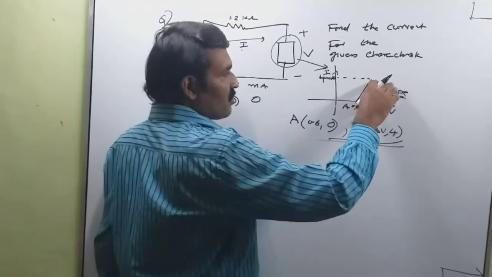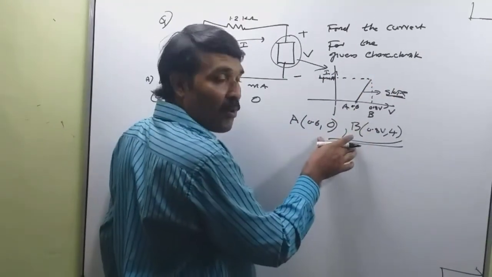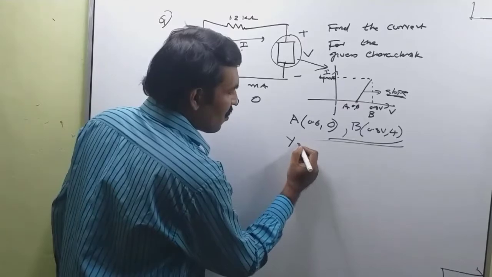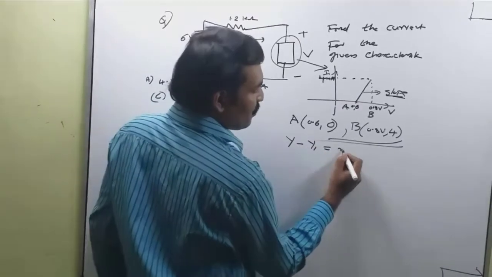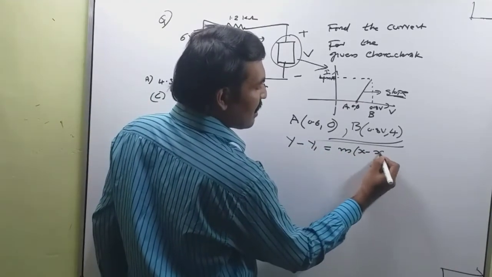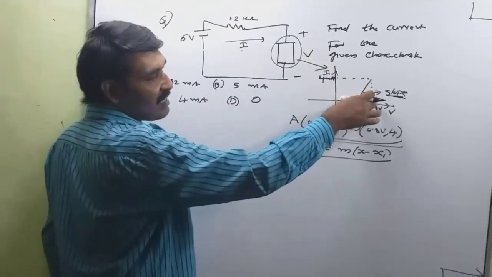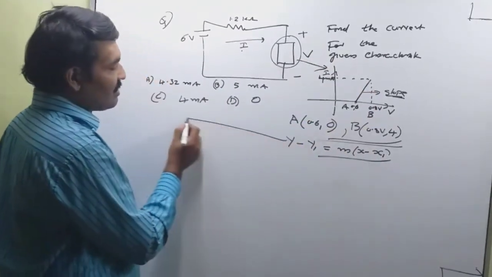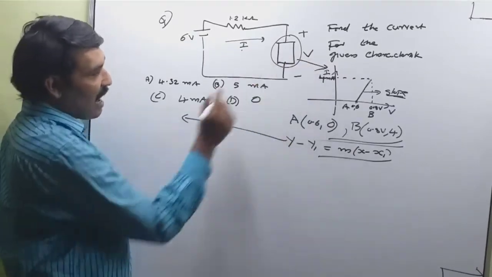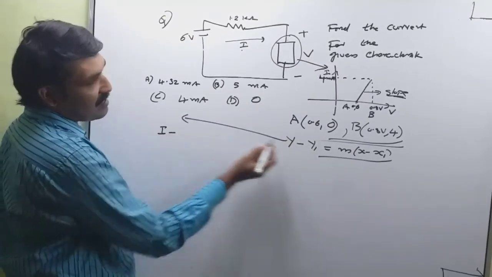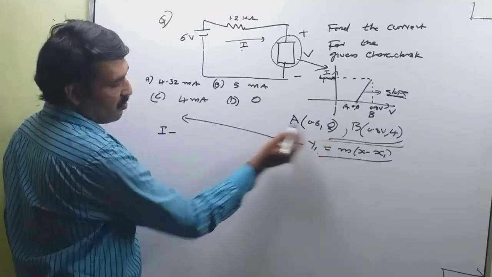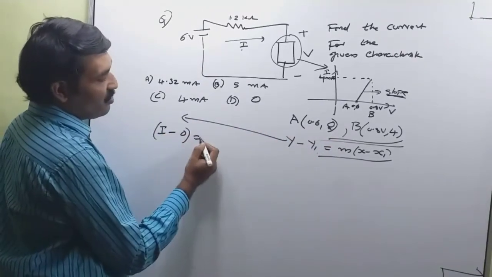This is a straight line with 2 points, so we can use the equation y minus y1 is equal to m into x minus x1. Here y is the current and x is voltage. So I minus I1, where I1 is 0, is equal to the slope. What is m?